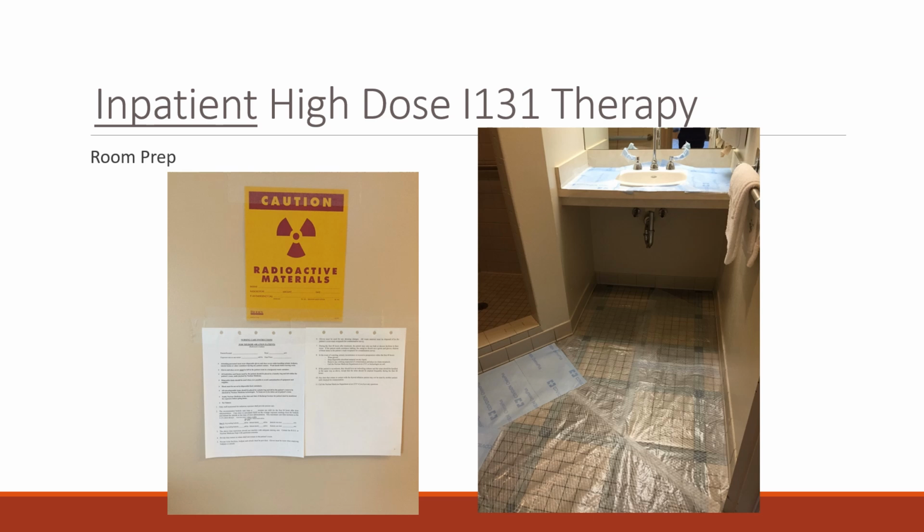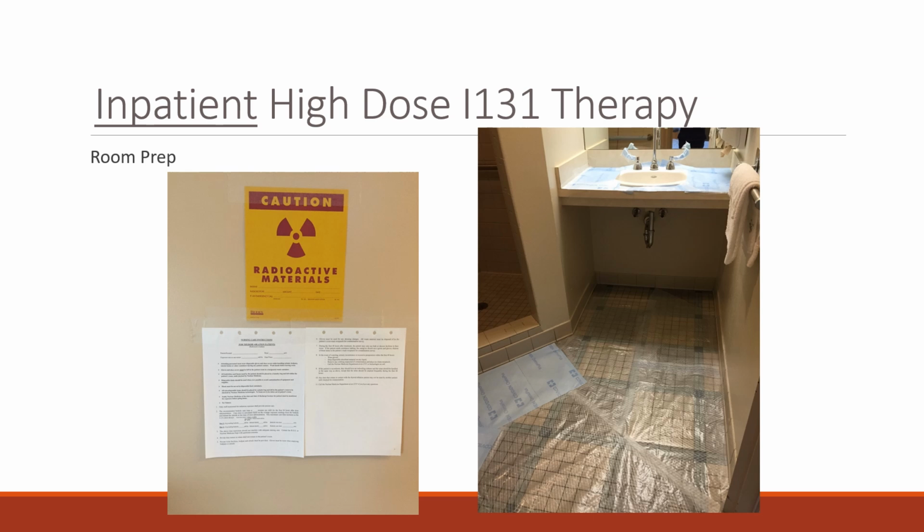On the right image here, you see how the room is prepared with the chucks that are laid down on the counter, even on the handles of the sink, because if somebody has any kind of body fluids on their hands after they went to the bathroom or whatever and they go to wipe them off, then they're going to contaminate the handle.